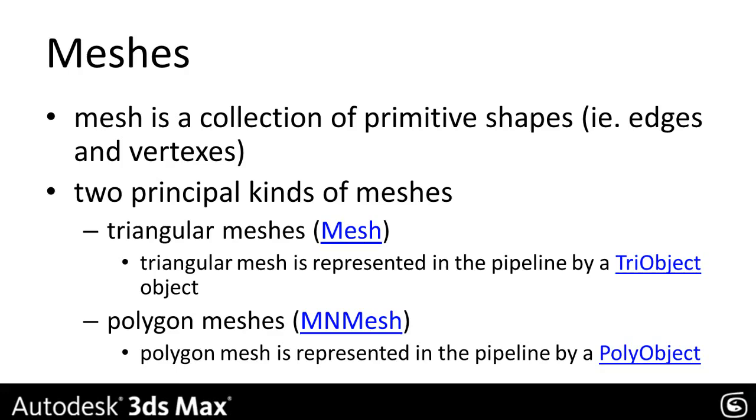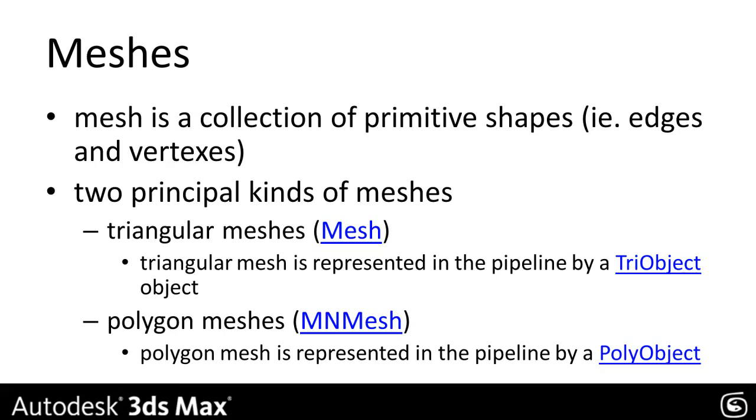Okay, so triangular mesh is represented in the pipeline by a tri-object, and you'll see this used in a lot of places. So make note of tri-object. And then there's another type of mesh called a polygon mesh, and this is represented in the pipeline by the poly object. Okay, so triangular mesh is of type just mesh. Polygon meshes are made up of a type that's called MN mesh.